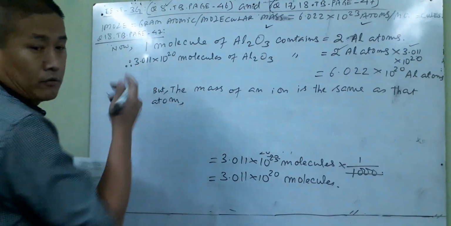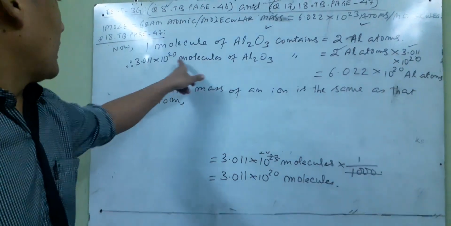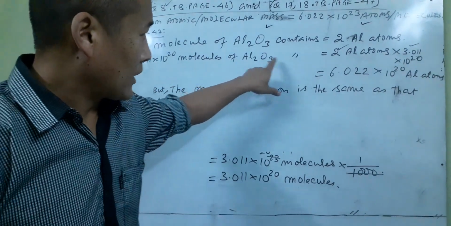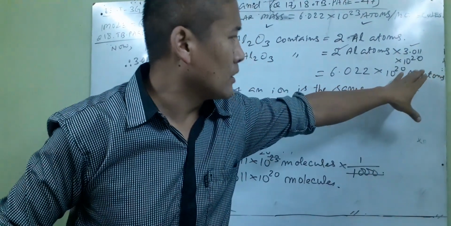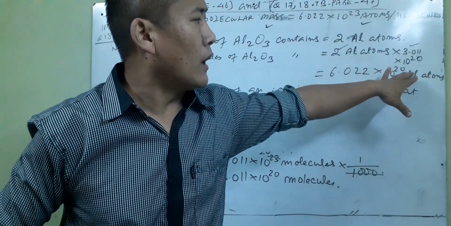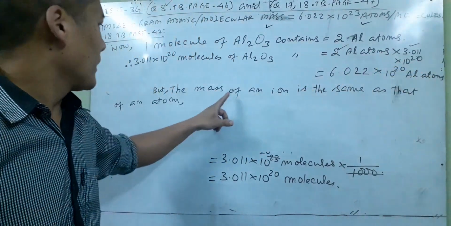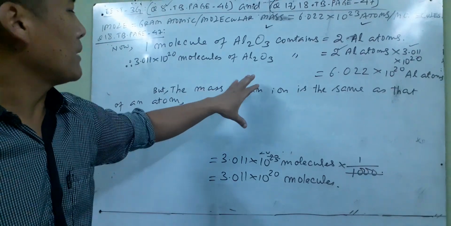The question is saying that to us. So this much molecules of aluminum oxide contains this much aluminum atoms, so it will be the same number of aluminum ions also, because they are saying ion and atom are same mass.